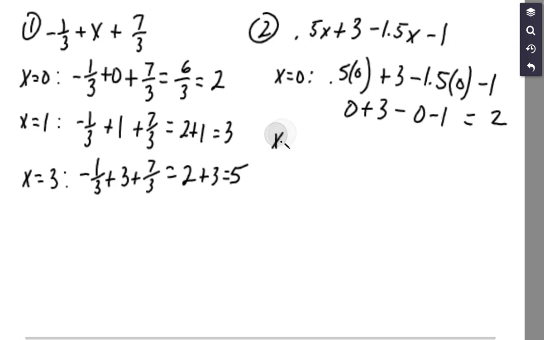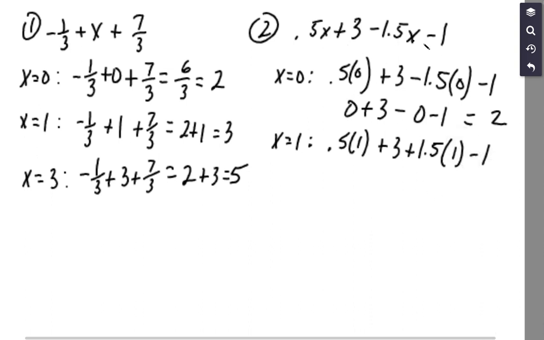All right, so then I'll evaluate it if x is equal to 1. So that's going to be 0.5 times 1 plus 3, right, going back to the original statement, plus, and then we'll have 1.5 times x, which is 1, minus 1.